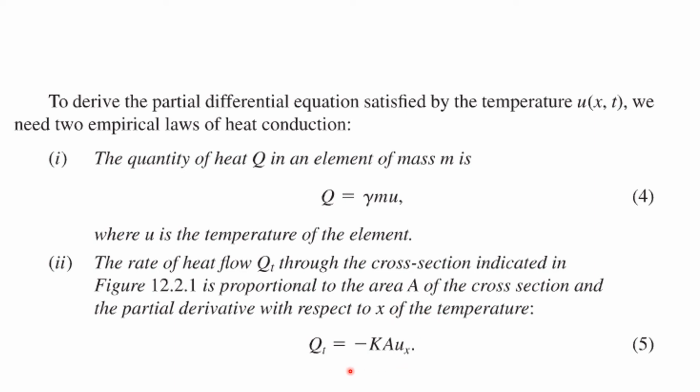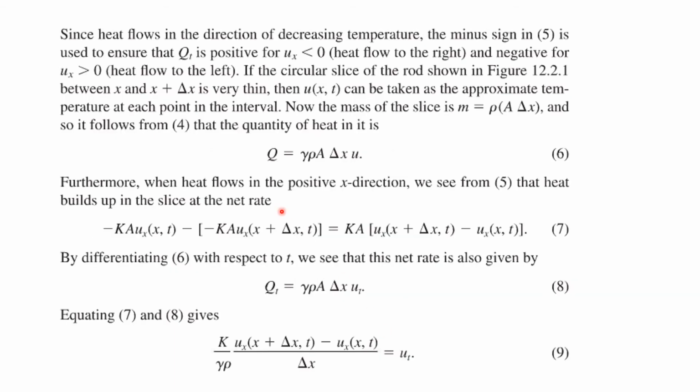So Q_t, that's the derivative of Q with respect to t, is minus K A, and this is the partial of u with respect to x. And since heat flows in the direction of decreasing temperature, it tends to make colder places warm. The minus sign is to ensure that Q_t is positive when u_x is less than 0, the heat flows to the right, and negative for u_x greater than 0, the heat flows to the left.